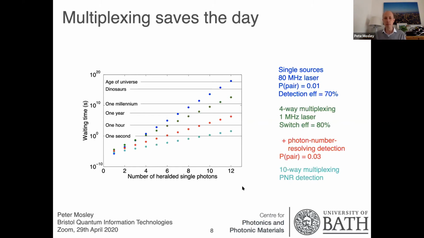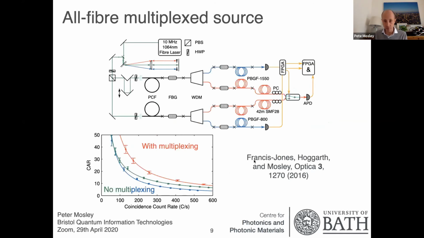And of course, the better we make all of the components involved here, the shorter the waiting time becomes. And we can modify the photon statistics effectively in this process to get back from what was a completely ruinous situation where we had to wait forever to get a large number of independent photons to something that's much more manageable. And this is something that we have implemented over in Bath.